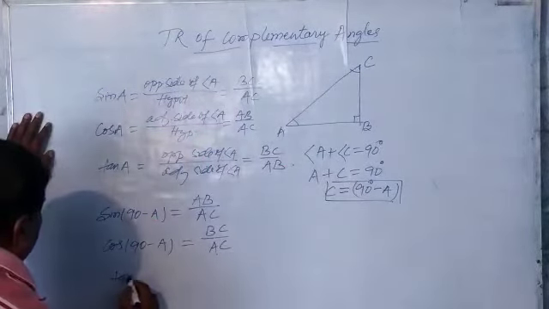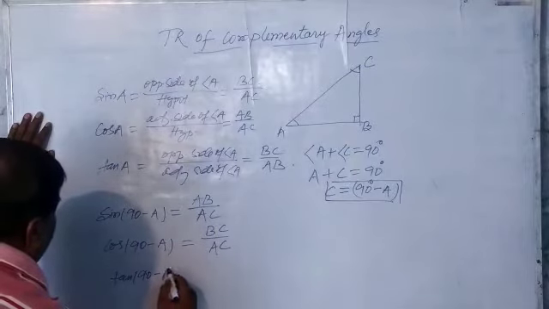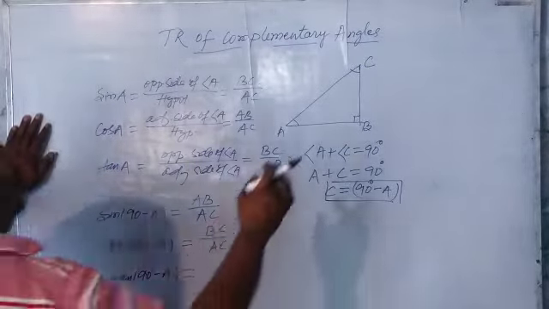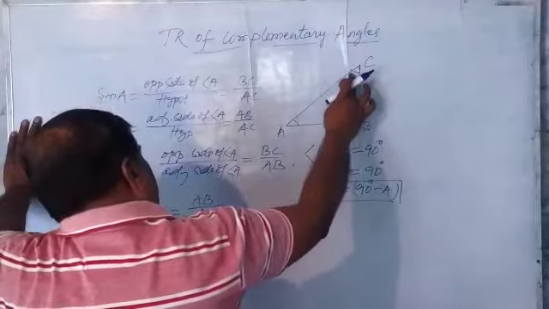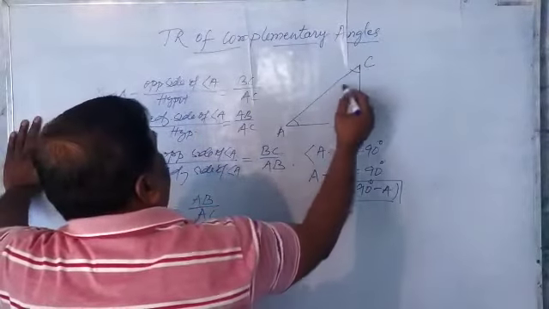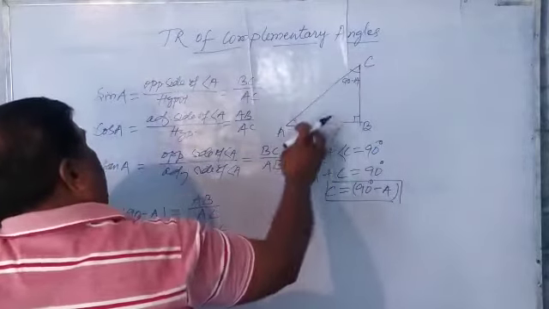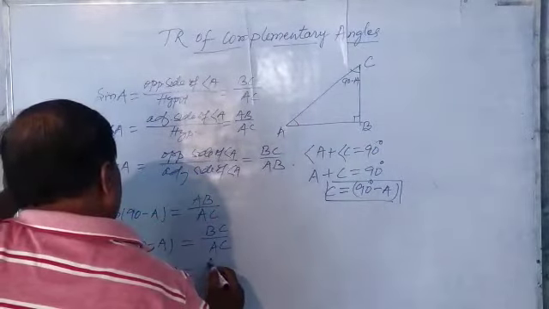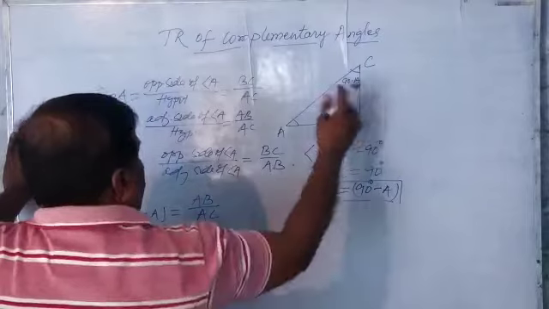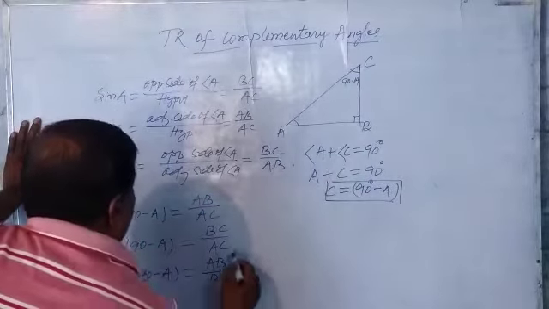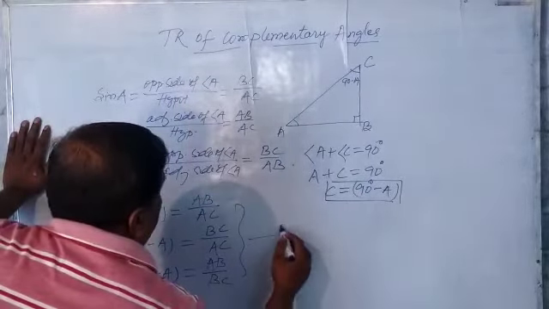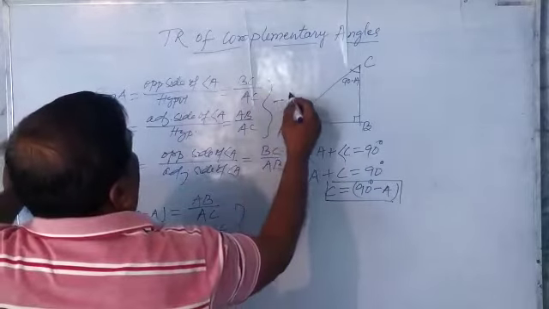And tan of 90 degrees minus A, that means for C: if this is angle A, then this is 90 minus A. So for this angle, the opposite side is AB and the adjacent side is BC. This is equation 2 and all the earlier results are equation 1.